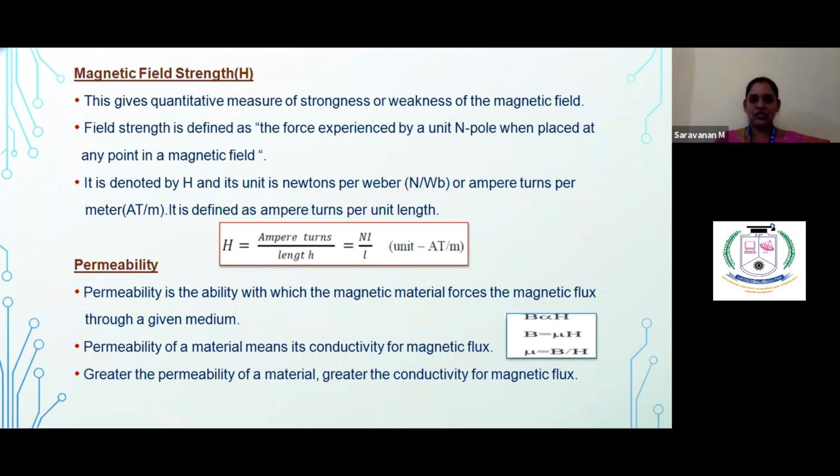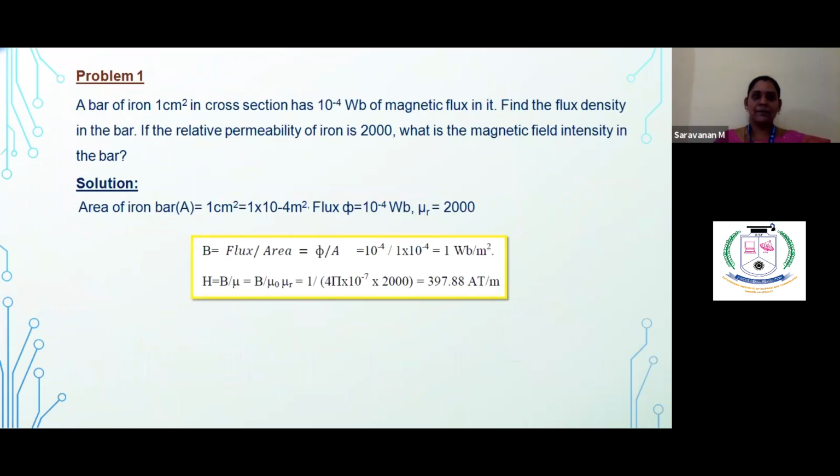So this is how you need to study this initial part of your magnetic circuit: a basic definition, followed by expression. Based on these expressions, we are going to see a few problems.